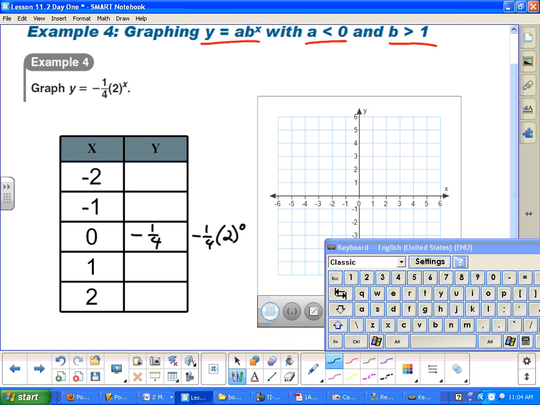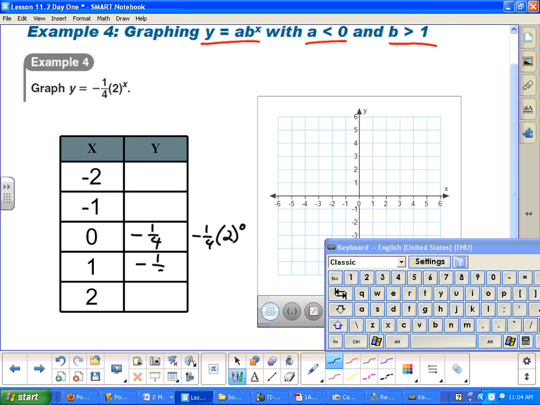All right. So what does this 2 mean then? Okay, we're multiplying by 2 each time, right? So we're going to double our answer. So what's double 1/4? A half. Is it positive or negative?